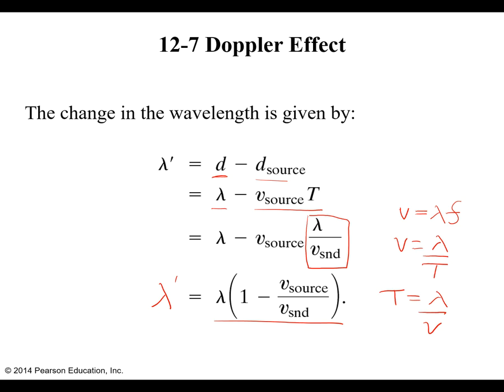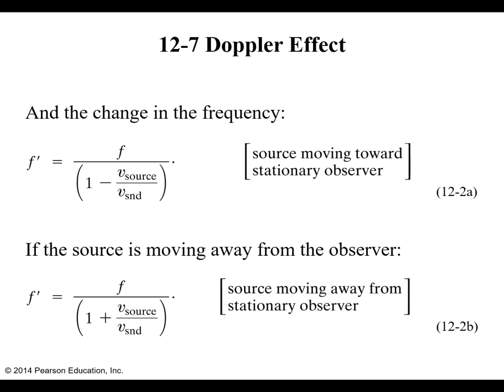Okay, so we take that and acknowledge the wave equation, velocity equals wavelength times frequency, and likewise velocity equals wavelength times frequency for the new wavelength. And use that, and you get this equation: an observed frequency, f prime, is going to be equal to the original frequency divided by that quantity, 1 minus v source divided by v sound.